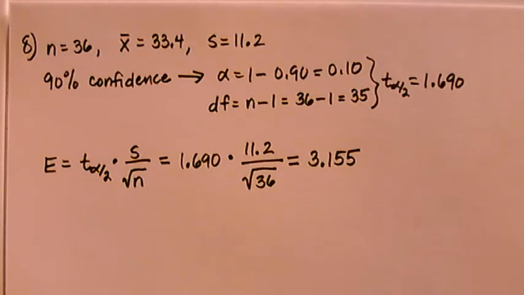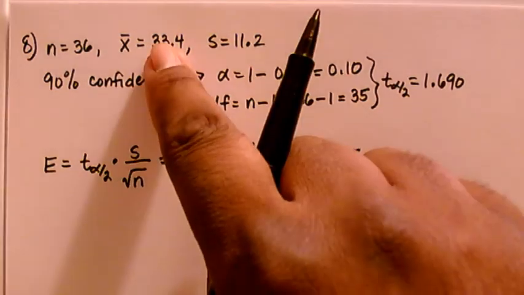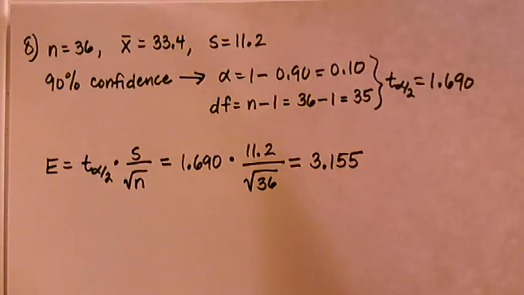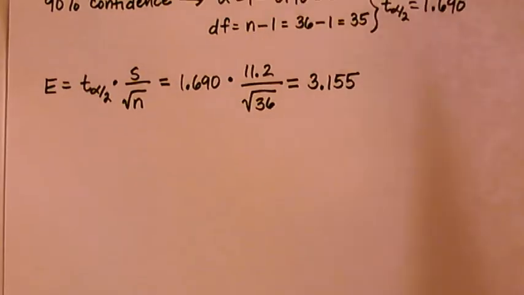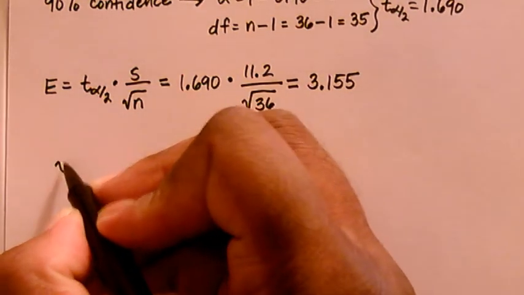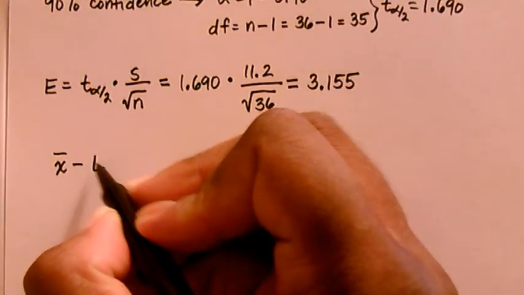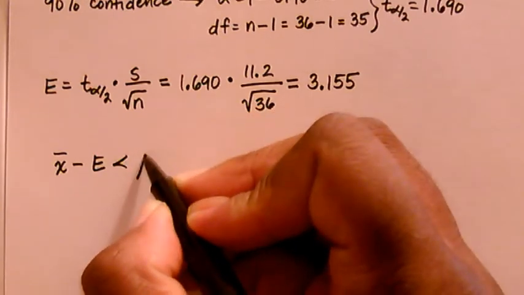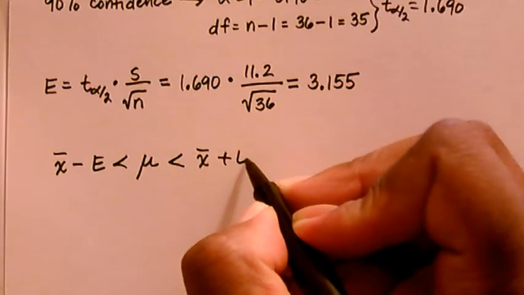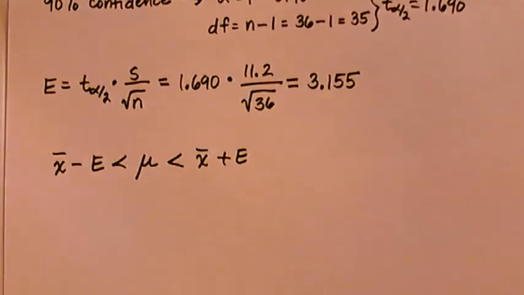Now, I have my margin of error. I do have my sample mean of 33.4, so I can go ahead and use the format for the confidence interval estimate to construct that confidence interval. And that format is this: that's x bar minus e, and that's less than mu, less than x bar plus e.